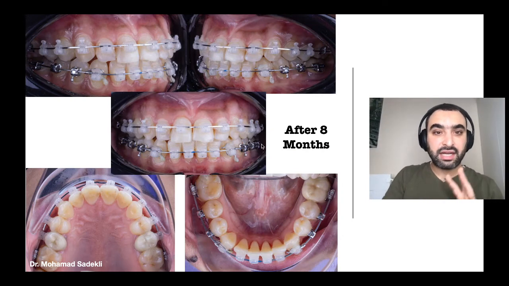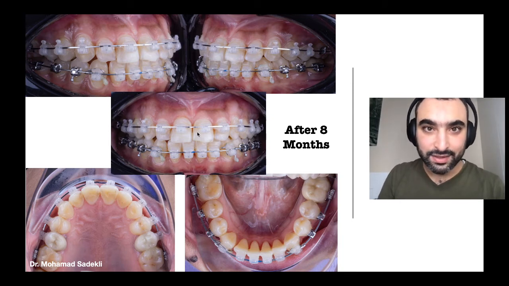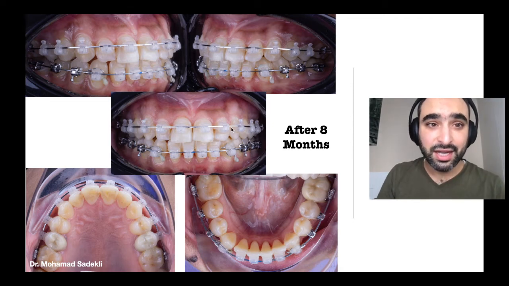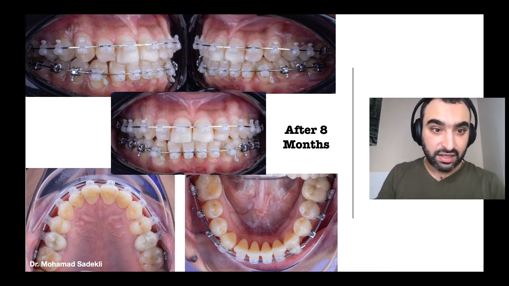And now, after 8 months of this treatment, I got this result. Actually, these photos were taken before I used vertical elastics from each side, from two sides. With these photos, I was using only class 3 from here, okay, and triangle from here.